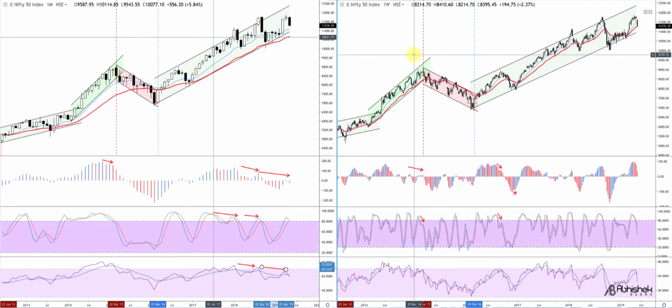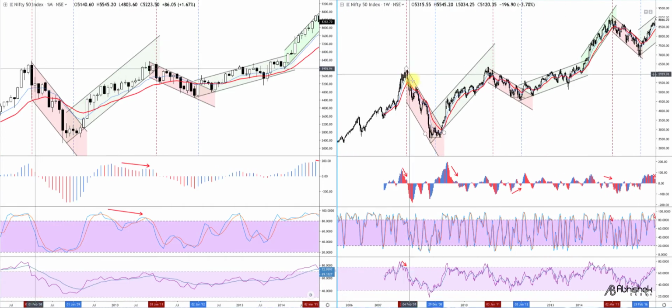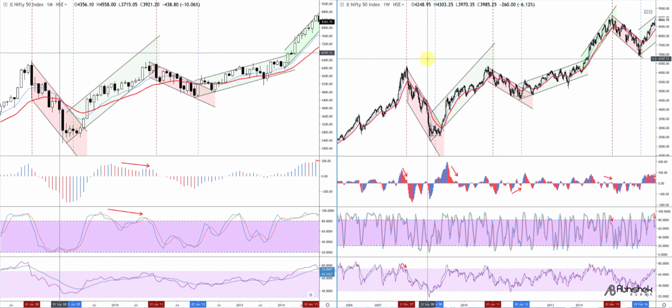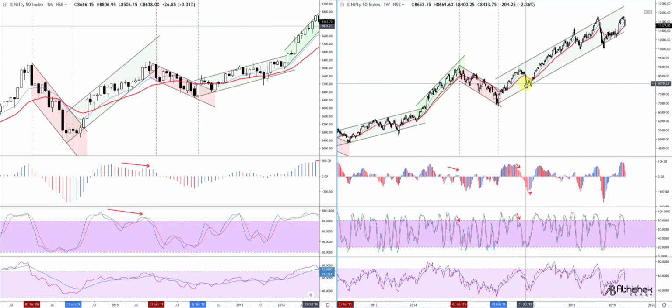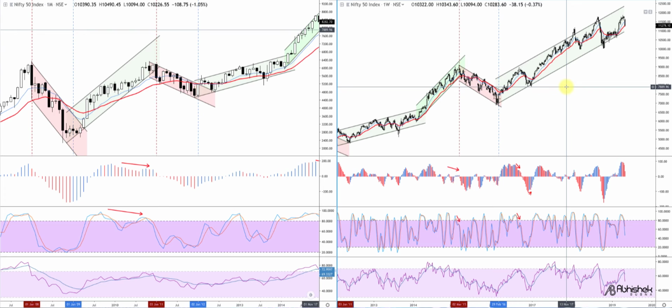What I'm going to do is just show you the first two, 2007, 2008, and the up move here, or I can show you the last two, this fall here and this rise here, on a daily chart. We'll just briefly discuss so that you get an idea of how to enter on a daily chart as well.